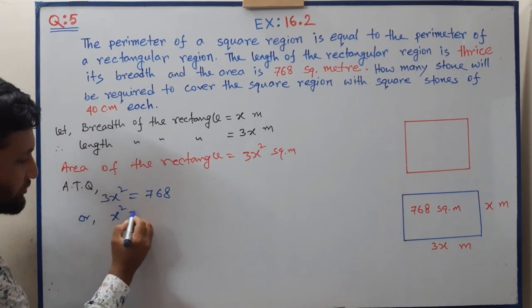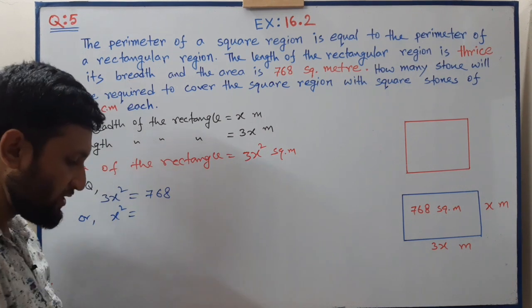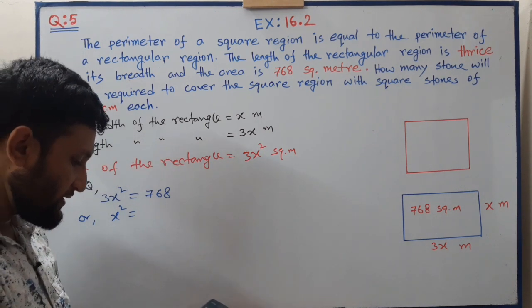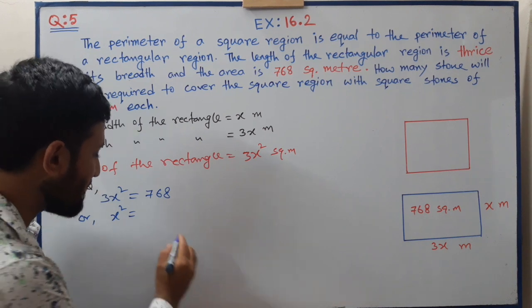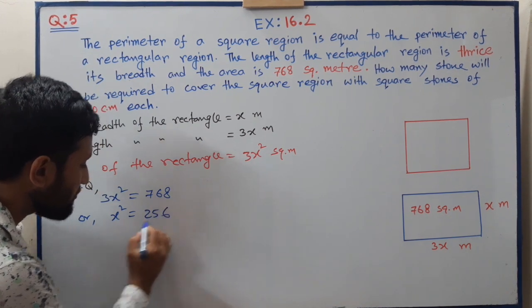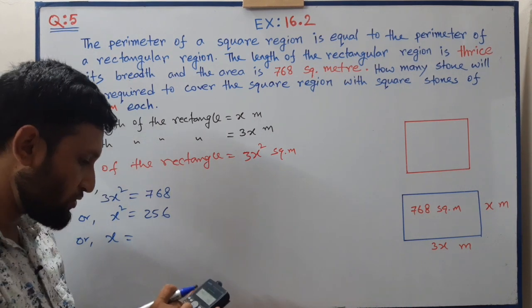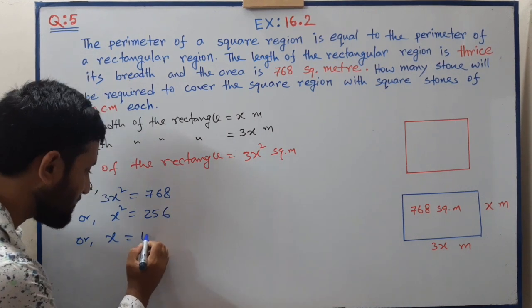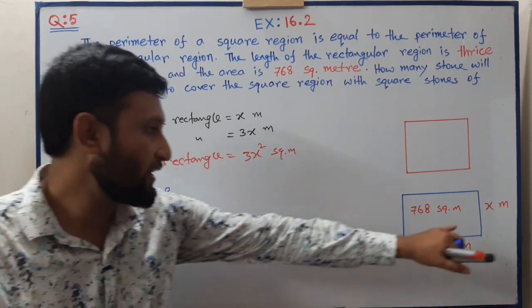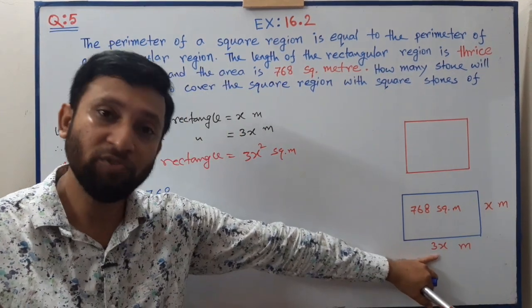So x square is equal to 768 divided by 3, 768 divided by 3, that means 256. Okay, and so x is equal to root 256, that means 16. That means the breadth of the rectangle is 16 and length is 3 into 16.